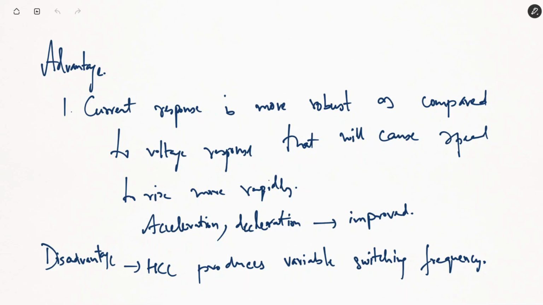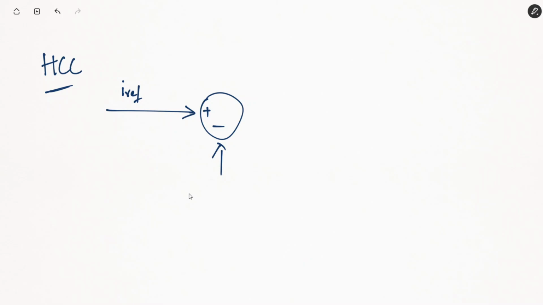That HCC, if you have not studied HCC previously, HCC में क्या होता है कि आप एक रेफरेंस करंट और मेजर्ड करंट को कंपेयर करते हो to generate the pulses of the induction motor. Now, how this exactly works is that our reference current will look something like this.